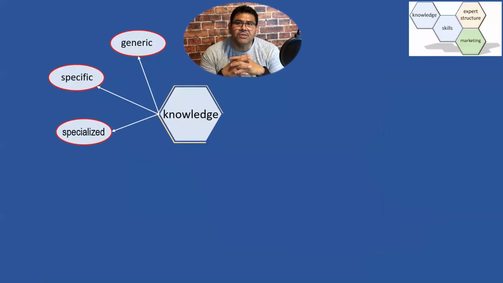Let's talk about knowledge. There is generic knowledge that some people call common sense. Some people think that everybody knows it, but you will be surprised that there are so many things that are so basic, so simple, and people don't know about those. People need someone who tells them how to do something that for some people seems very mundane, very simple.